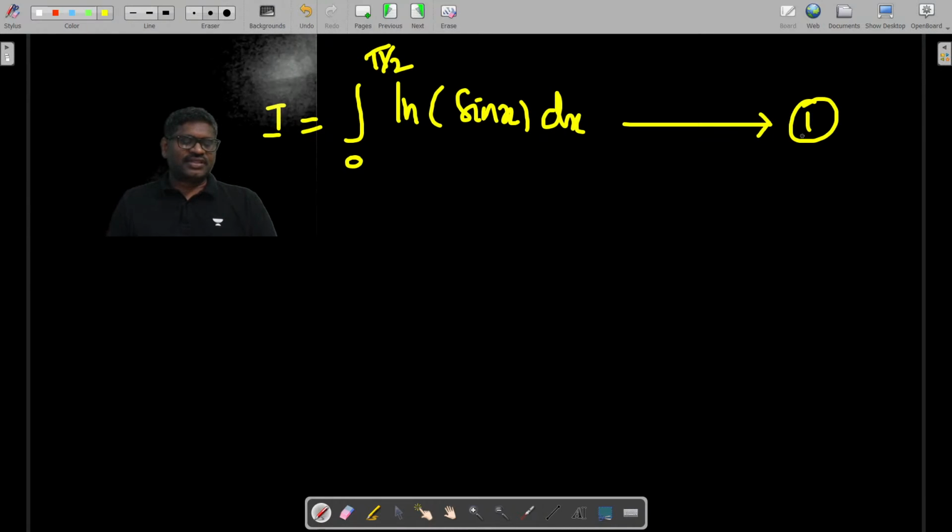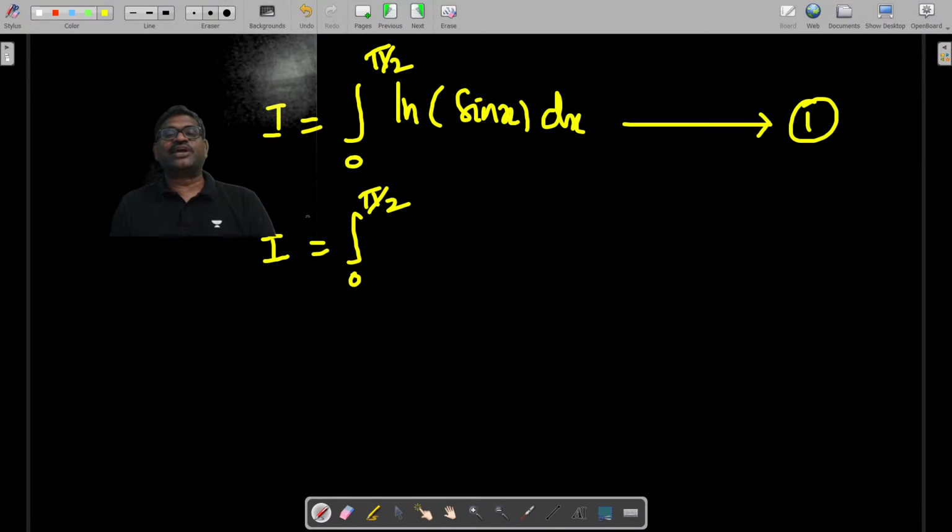Now you have to apply the formula: integral 0 to pi by 2 f of x dx is equal to integral 0 to pi by 2 f of pi by 2 minus x dx.